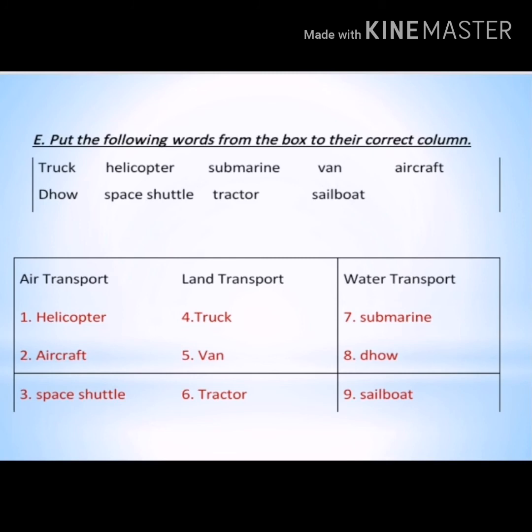Submarine, water transport. Van, land transport. Aircraft, air transport. Dome, water transport. Space shuttle, air transport. Tractor, land transport. Sailboat, water transport. That is how you should arrange them one by one without leaving any of them out.